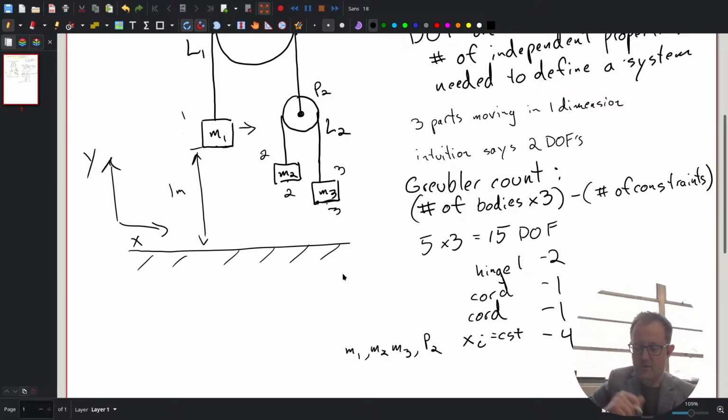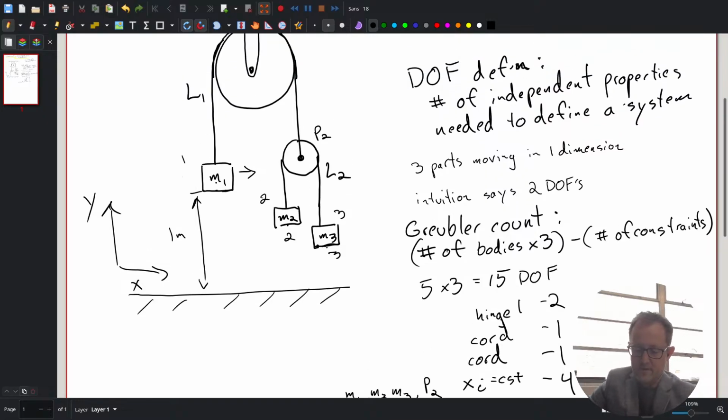So then what else is going on here? Well, we also have the constraint that if M1 moves up, theta has to change, like the orientation of that pulley.